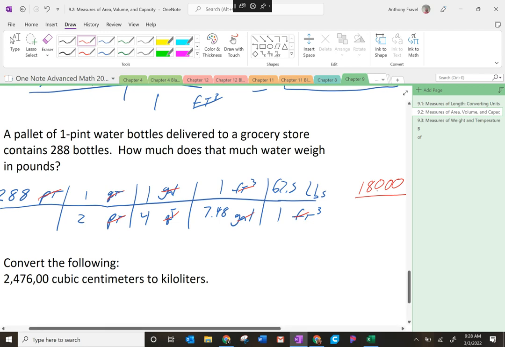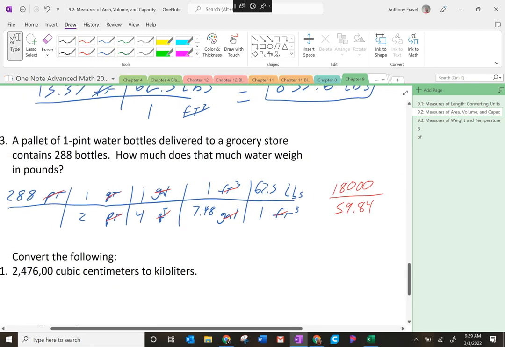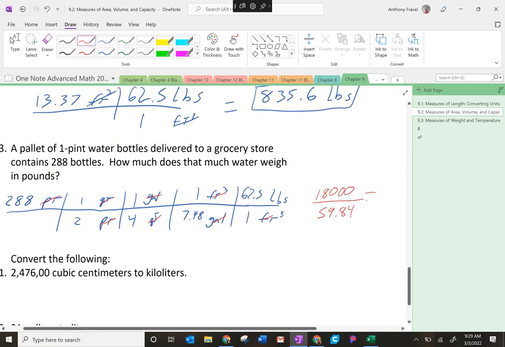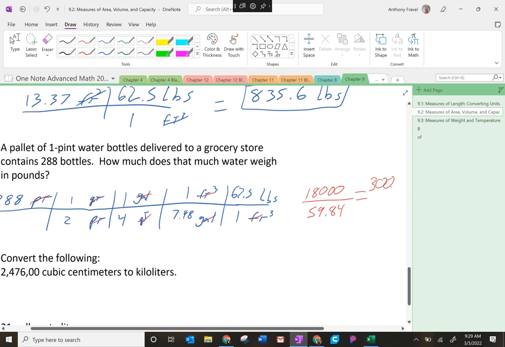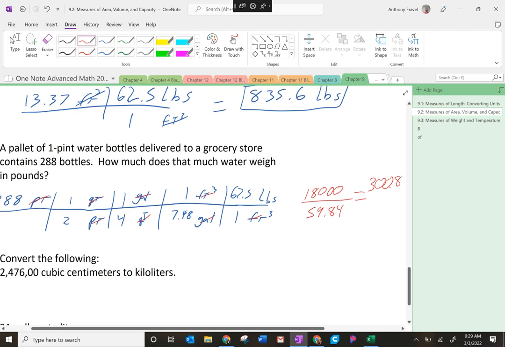So all the stuff on the bottom is going to be 59.84. I've got 18,000 divided by 59.84. And I'm left with 300.8 total pounds.